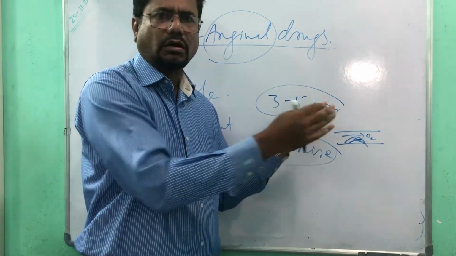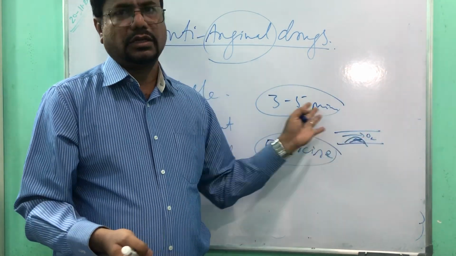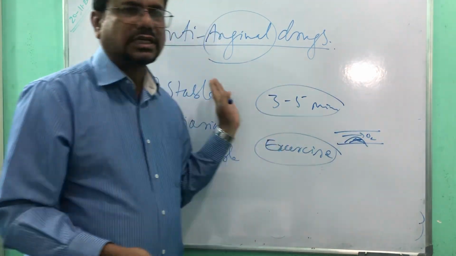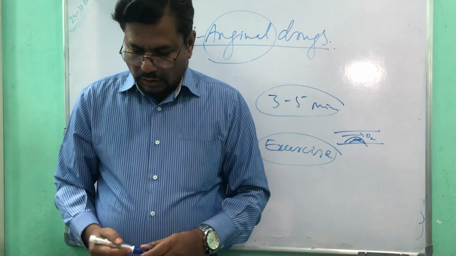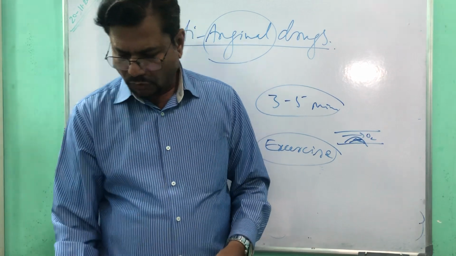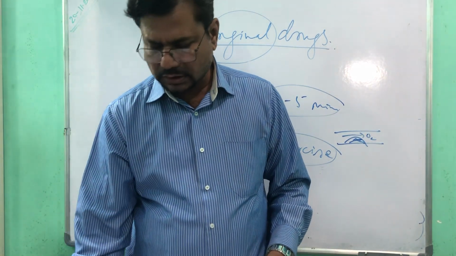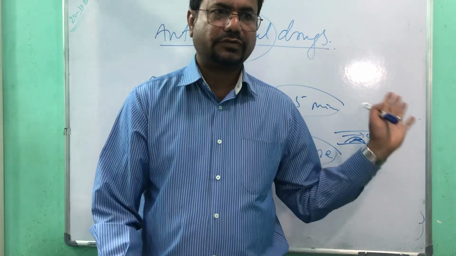So all antihypertensive drugs we can add in this class, and we can treat this anginal pain. Work for the heart increases, so the demand increases, which we can decrease.